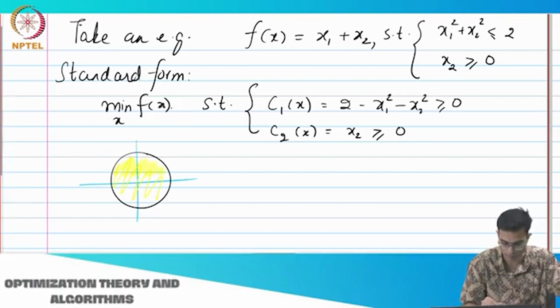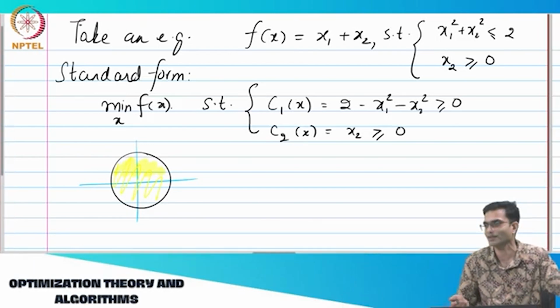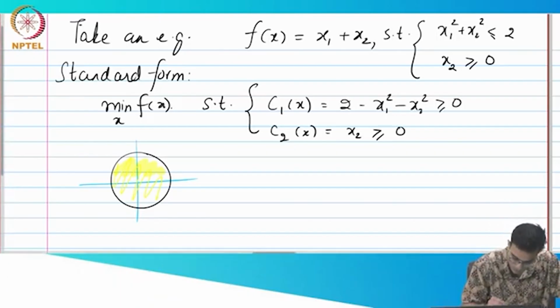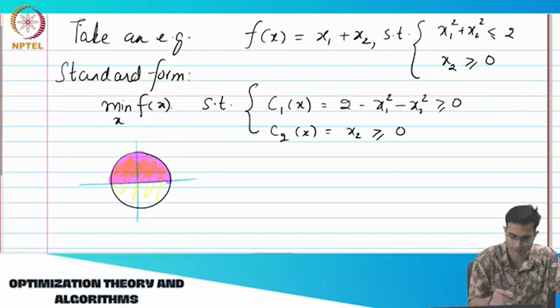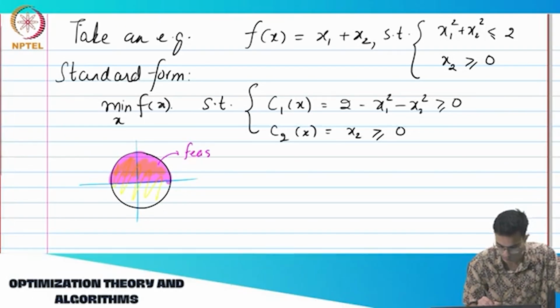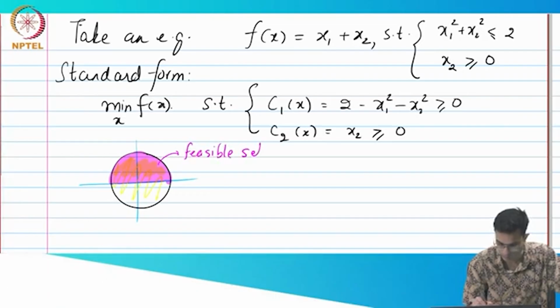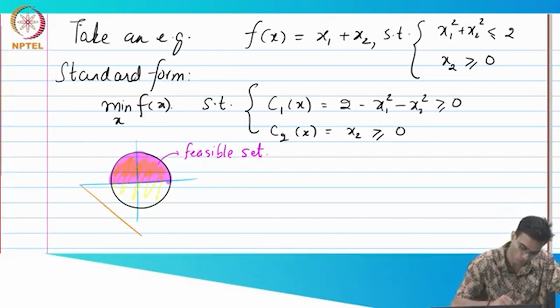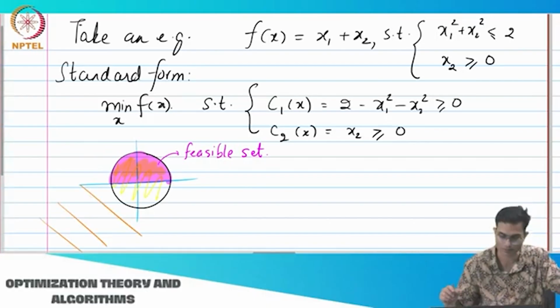So that in fact is our feasible region, quite easy, and the contours of the cost function are anyway like this.